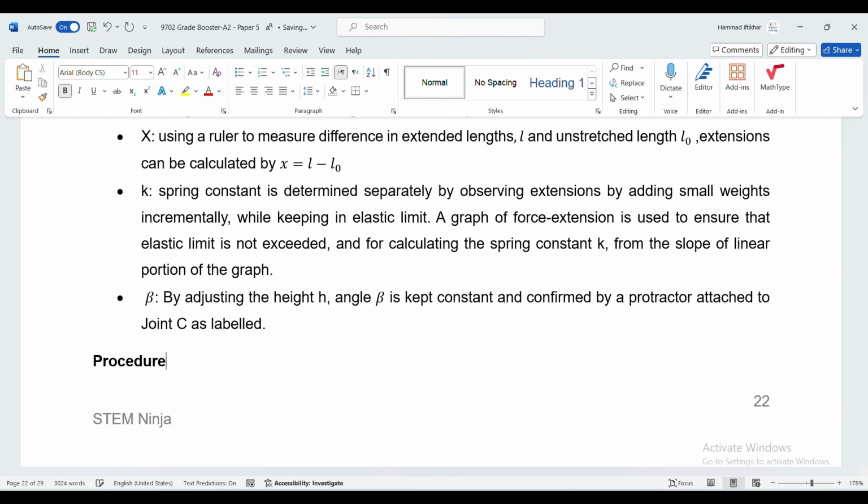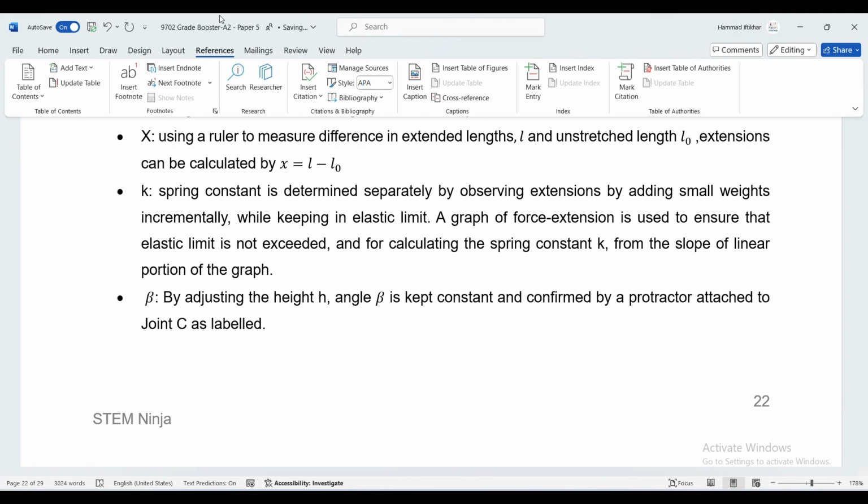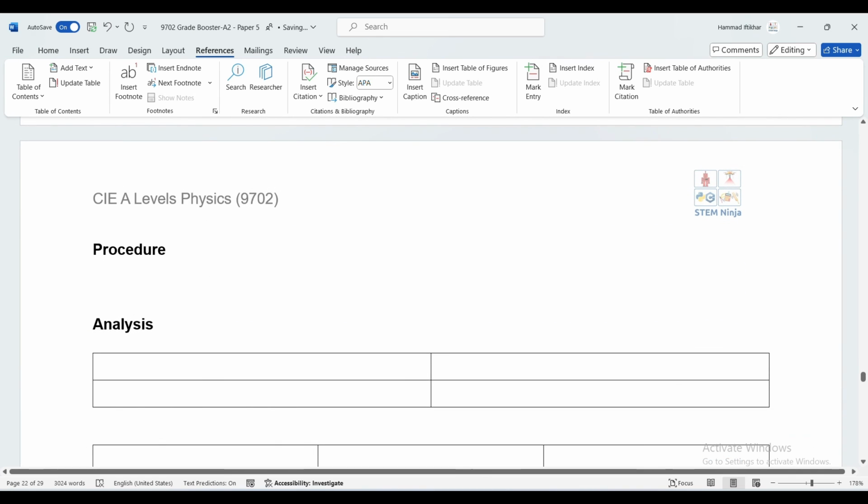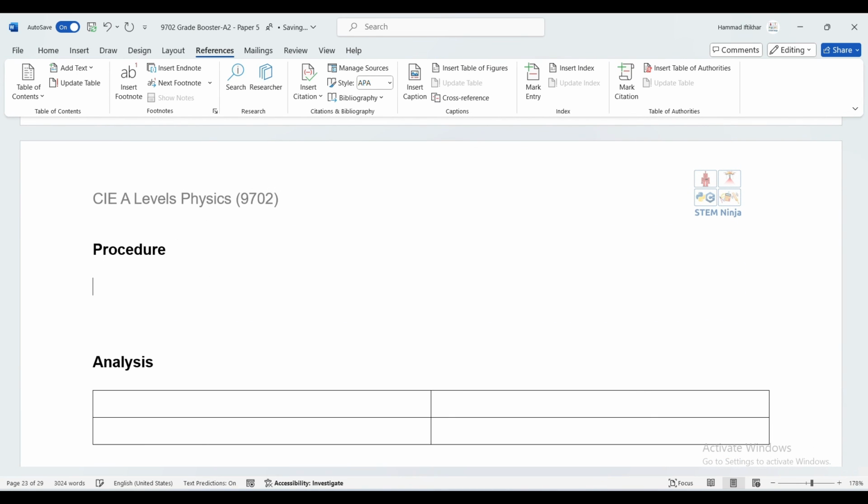Okay, all right. Now the procedure portion of this experiment. This x is all x. Now the procedure. The equipment is set up as shown.